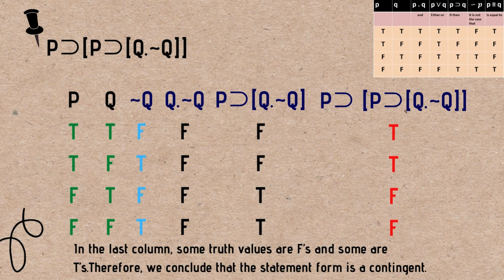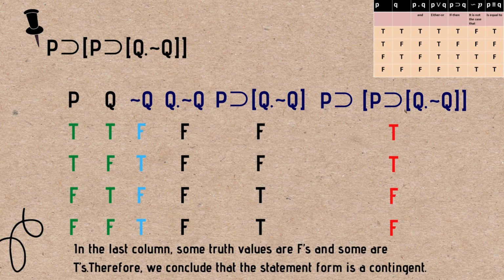The next term we are performing is P material implication, Q conjunction negation of Q, and by solving it we get F F and T T. Finally, after getting all these separate terms, we solve the main statement, and in that we get T T F F. You can check my previous video to study how to solve these statements using truth tables.